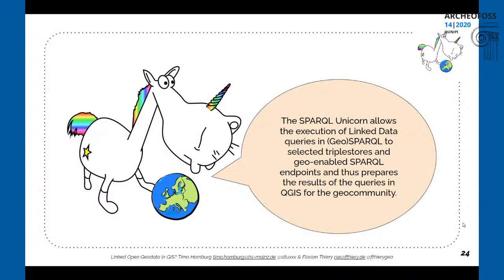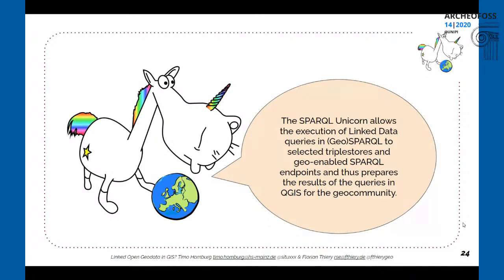So what you can do is, if you know Sparkle queries, then you might send a Sparkle query to a Sparkle endpoint, and it will return a QGIS vector layer, as we will see in the next slides.